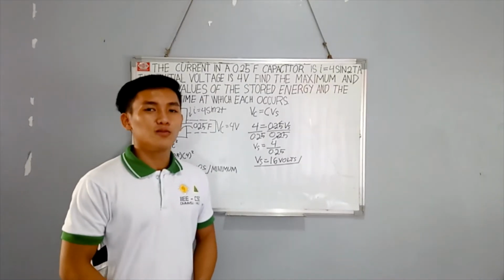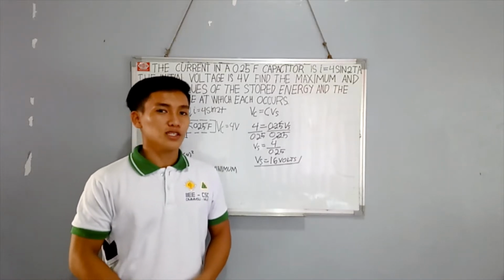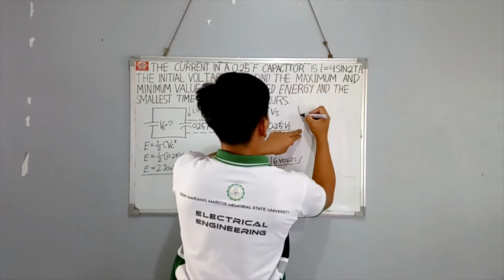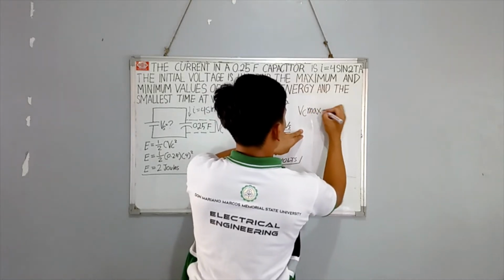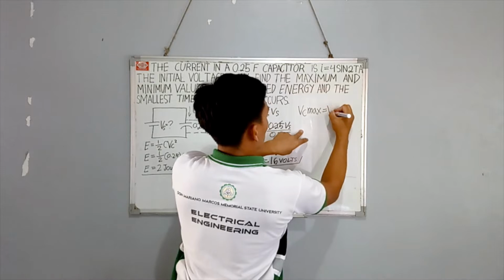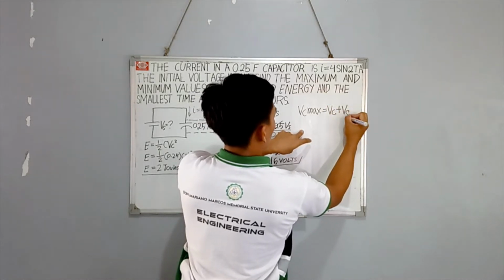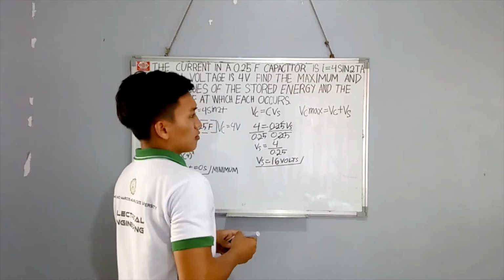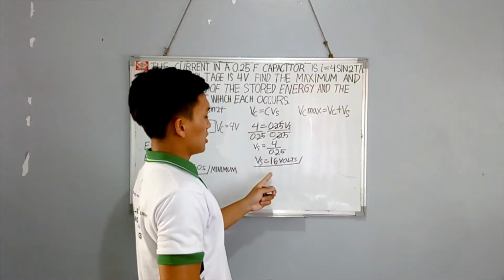The next step is to get the max voltage of the capacitor. The formula that we will use is Vc max = the voltage of the capacitor plus the voltage source. The voltage of the capacitor is 4 volts and the voltage source is 16 volts.